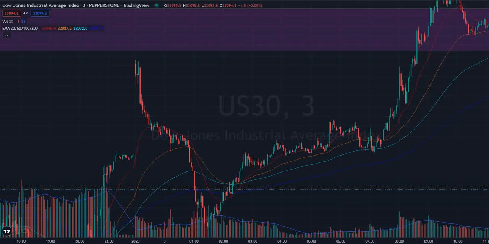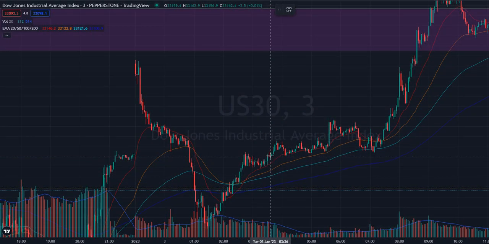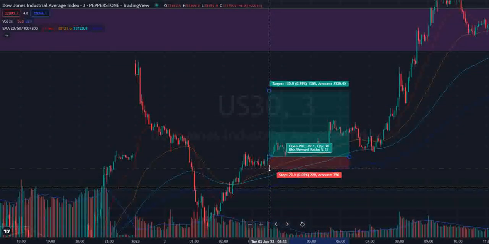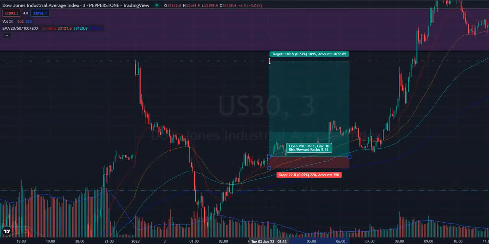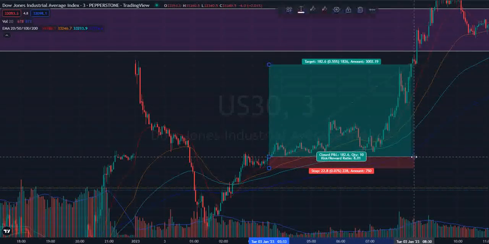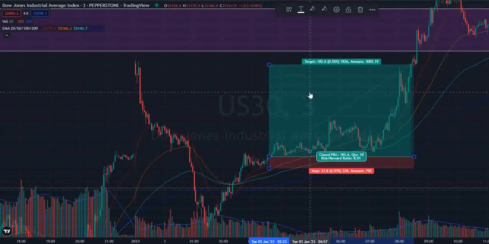Let's say we enter on this, go down here, and we get nice bullish candles, so probably entered here. Stop loss would be here, and then you're looking at this target range here, as you can see. That's a nice target, a good reward ratio.